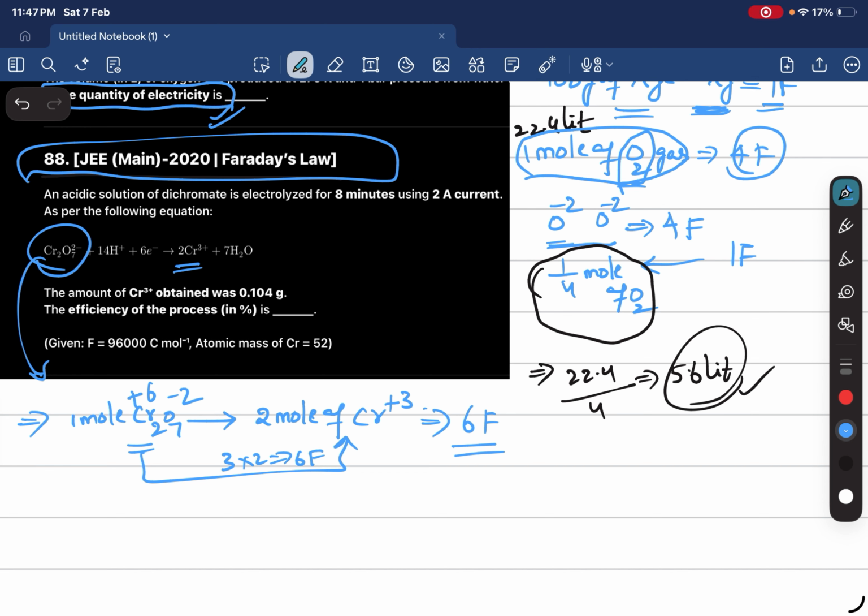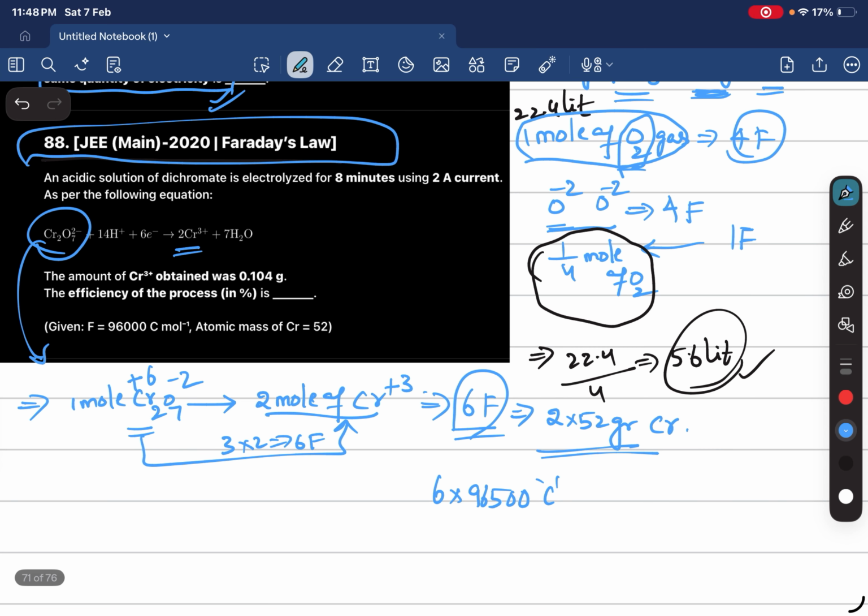We can also tell the same point: 6 Faradays required. 2 mole of Cr plus 3 means 2 into 52 grams. So to deposit 2 into 52 grams of Cr from Cr2O7 needs 6 Faraday charge. 6 Faradays can also be written as 6 into 96,500 coulombs. Now come back to the question.